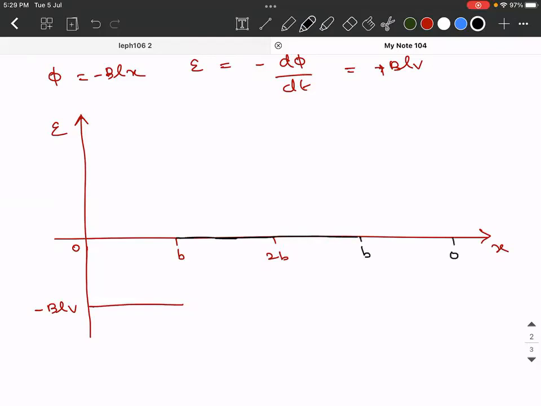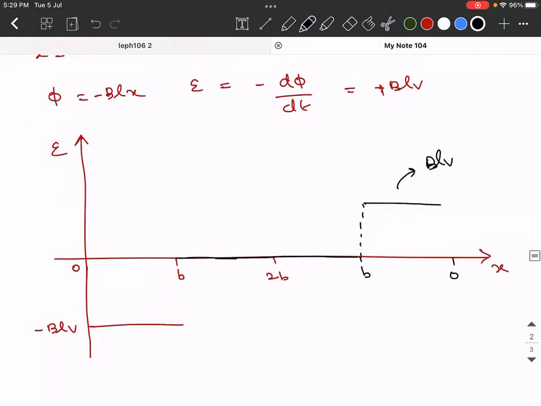And from B to 0, it will be, that's it. So graph tells you one thing. EMF will get generated only till there is a change of flux. I'm saying EMF will get generated only till there is a change in flux.